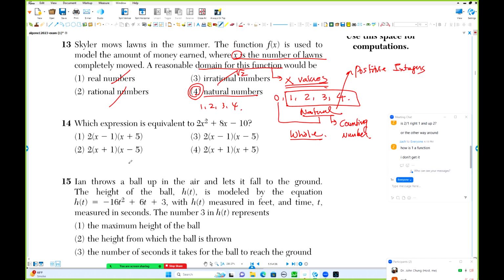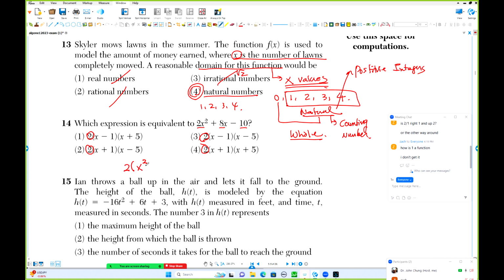All right, number 14. Which expression is equivalent to this one? When you scan over, they are all complete factors. You can factor this one, or check it out, it doesn't matter. I'm going to factor this one. Every term has a common factor of 2, so 2 is out.